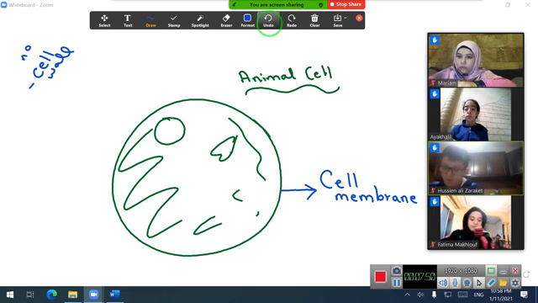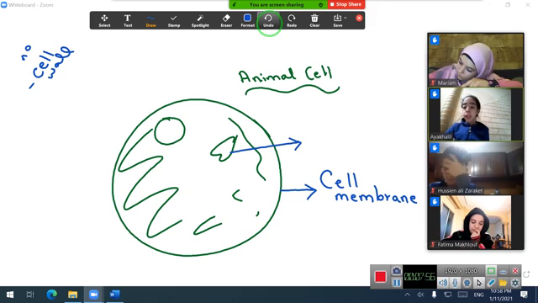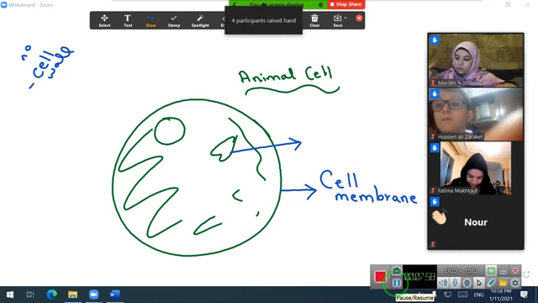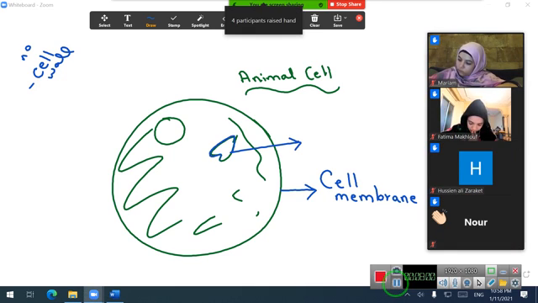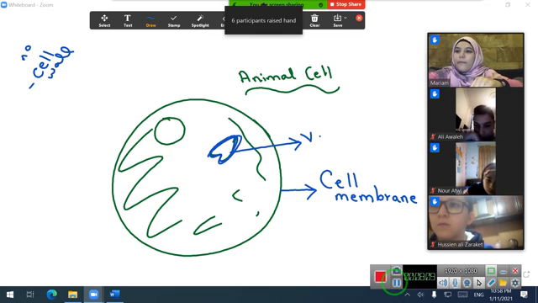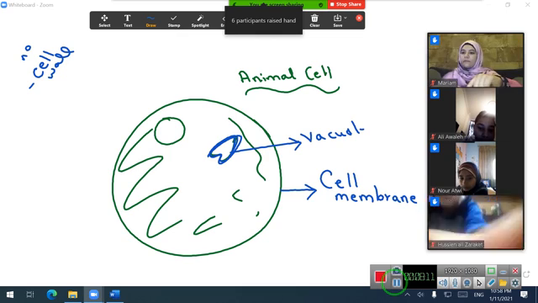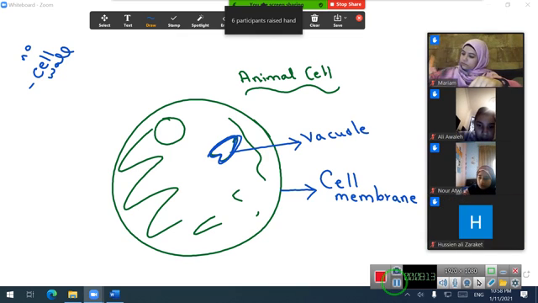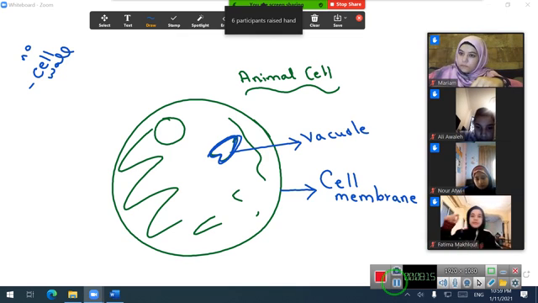What is this small part? Fatima, what is this small part? Vacuole. And I have said before that the vacuole in the animal cell is smaller than that of the plant cell.